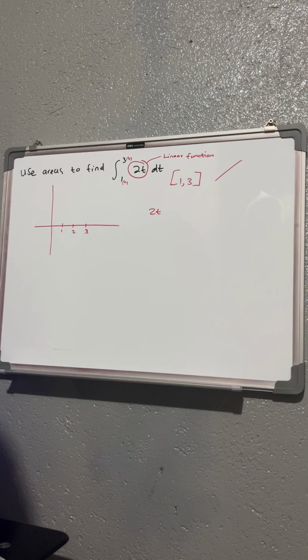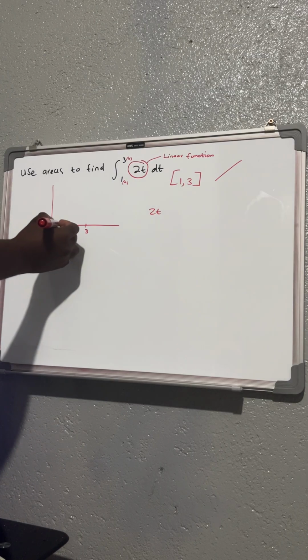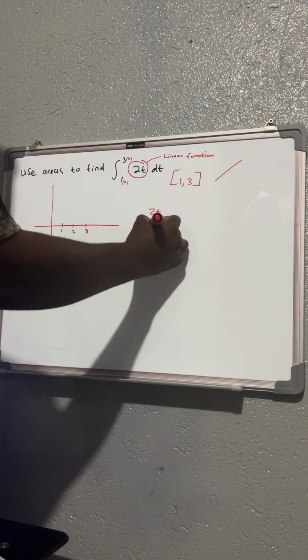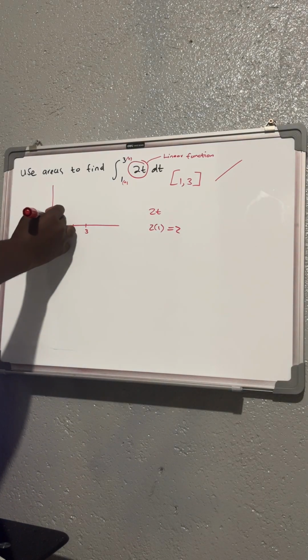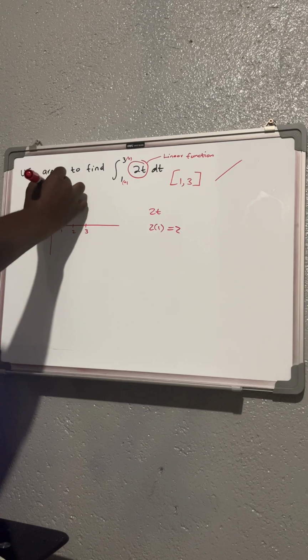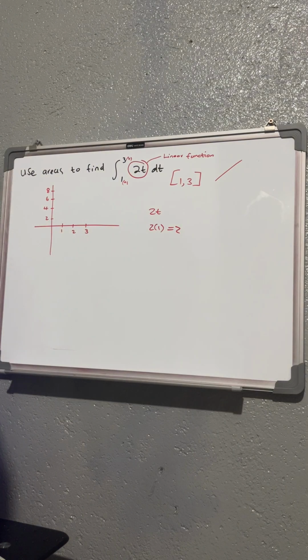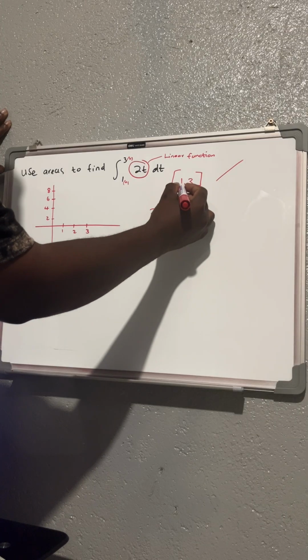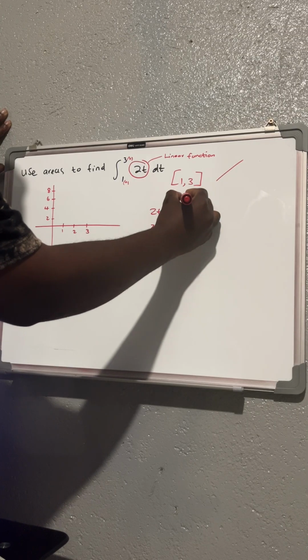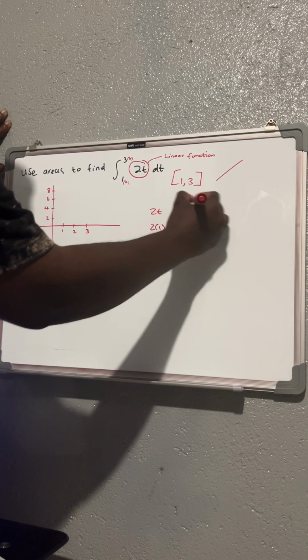If we input 1, what are we going to have? 2 multiplied by 1, which gives us 2. So let me just write 2, 4, 6, 8. Remember, we're having our region between 1 and 3.